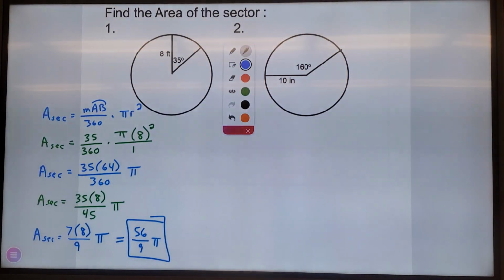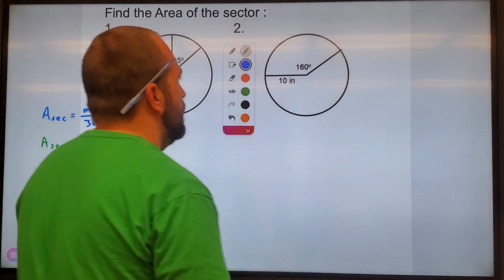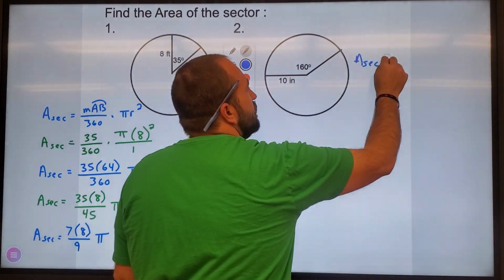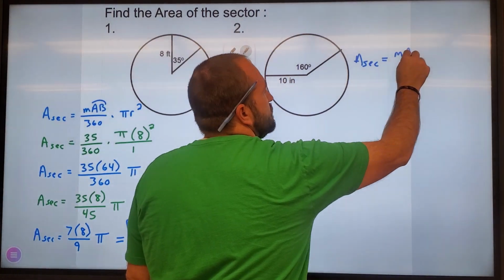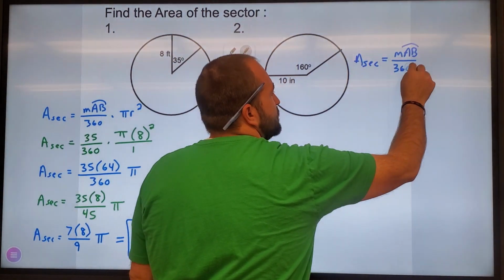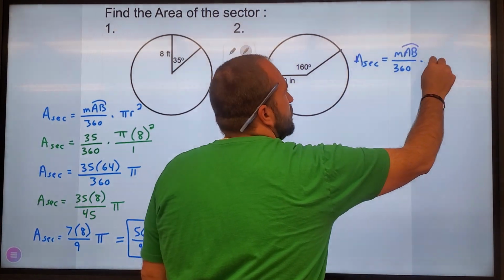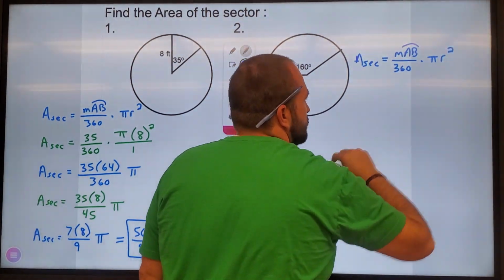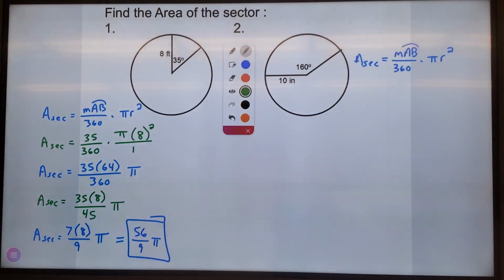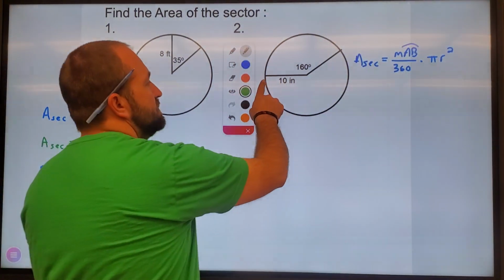Number 2, again, same thing situation-wise. We have the area of a sector equals the measure of AB over 360 times pi r squared. And again, plugging in everything that I know, so I know the radius here is 10.